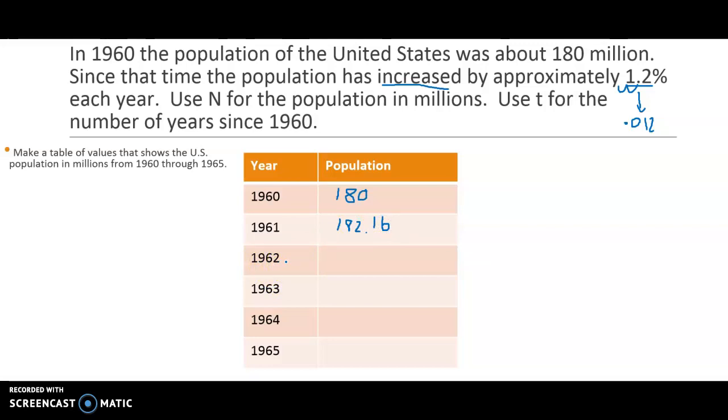All right, so in 1962, I need to repeat. So what I need to do is take this decimal percent times my answer. On my calculator, I'm not going to show you because you've already seen me type. I'll type 0.012, and I'll multiply that times the 182.16, and then I will add that answer to the 182.16.